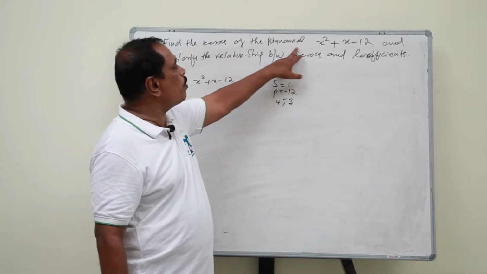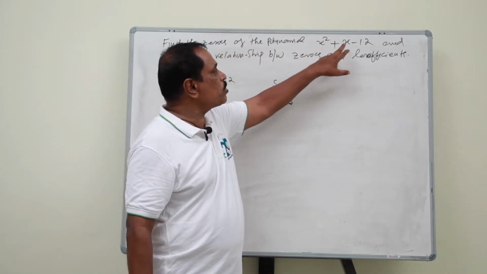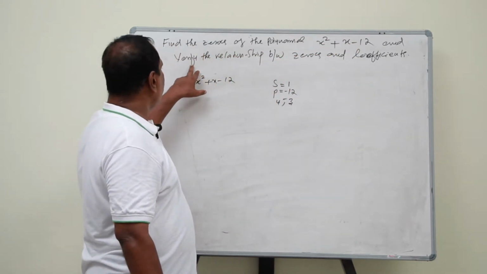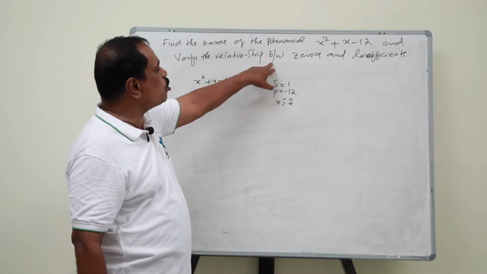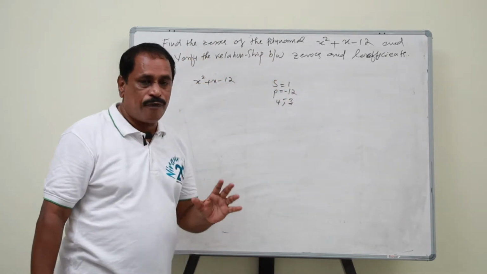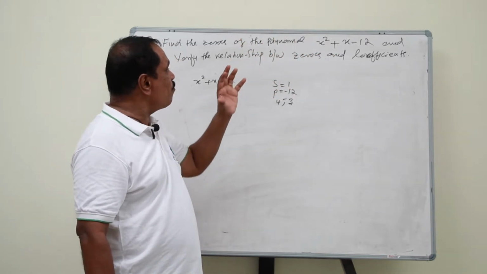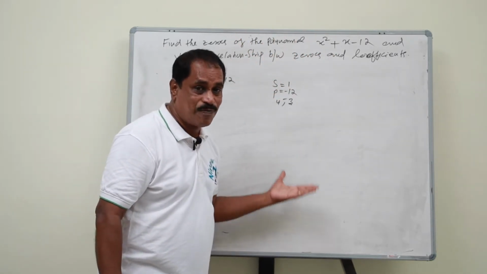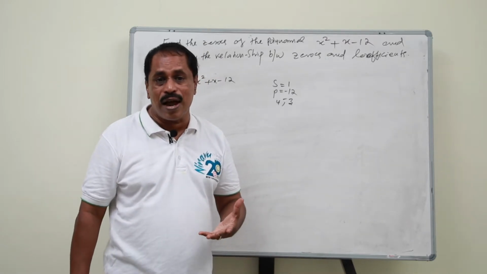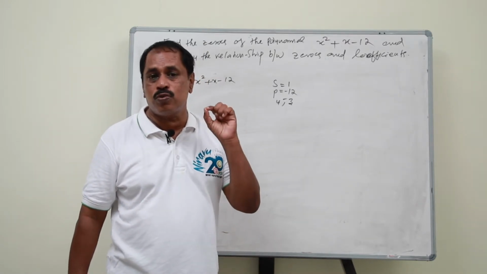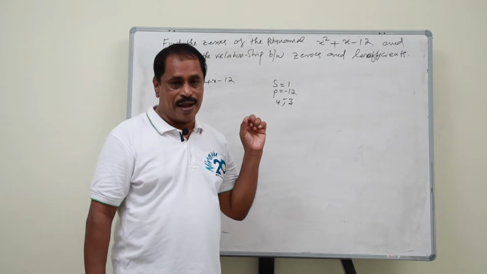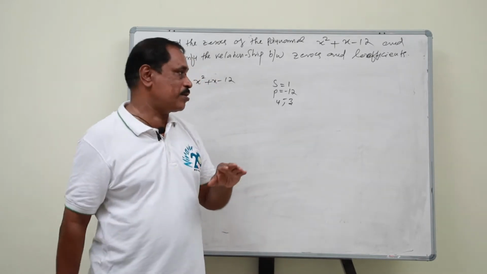Find the zeros of the polynomial x square plus x minus 12 and verify the relationship between the zeros and coefficients. So first we have to find the zeros. We know how to find it. Then we know the relationship also. Just before we learned that sum of the zeros is equal to minus b by a. Correct? We have to prove it.